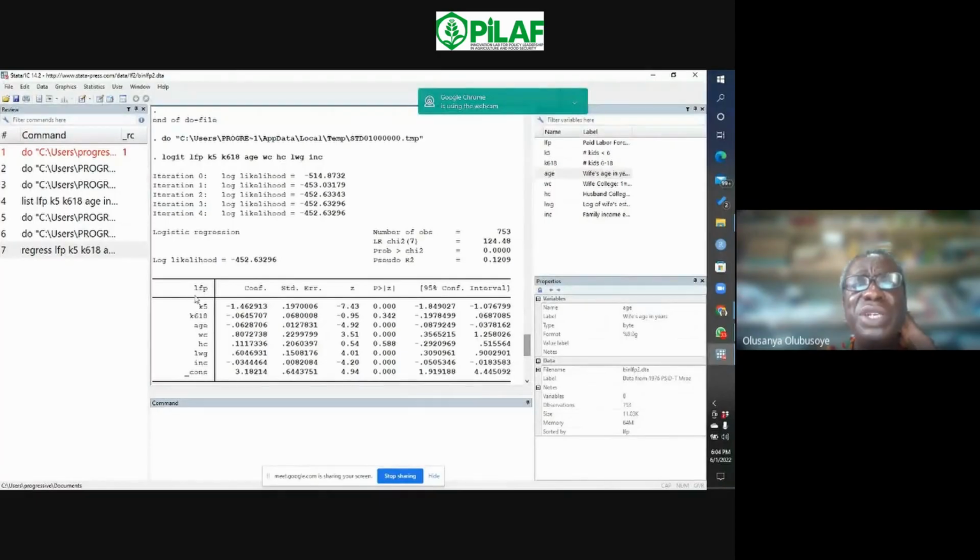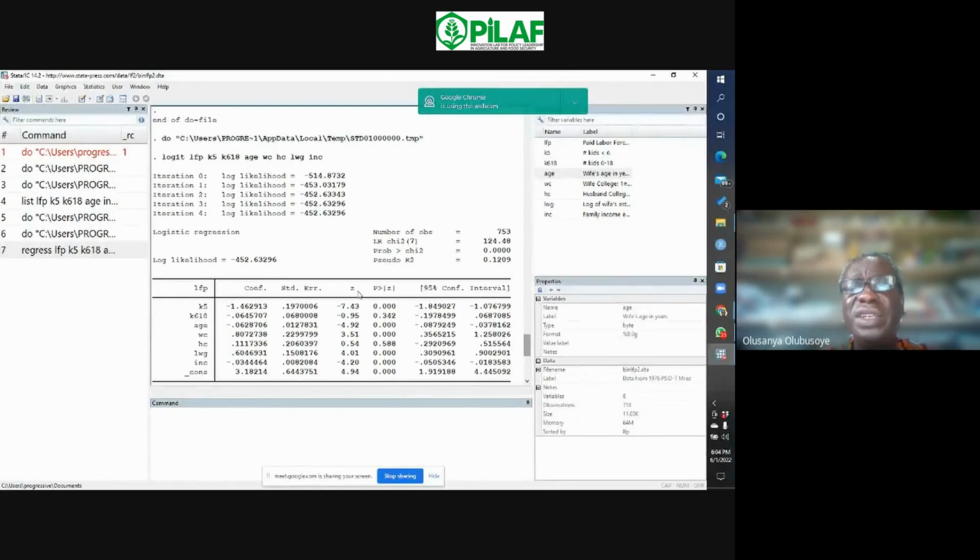As I said, we are predicting the probability of the woman participating in labor force. The fact that this one is significant shows that these variables jointly help to explain the probability of a woman participating in labor force.